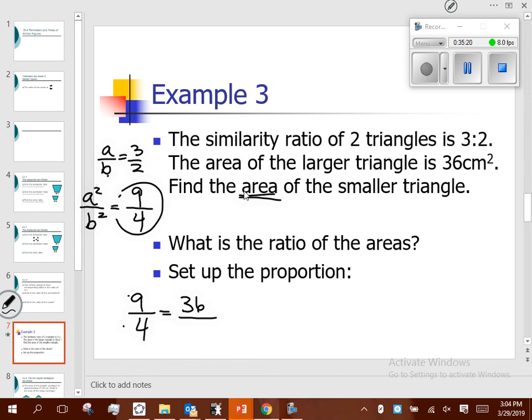Does that make sense? We're looking for the unknown value that this 4 was when it was reduced. So I cross multiply. So we have 9x is equal to 144. So x is 16. So that means that smaller shape had an area of 16.